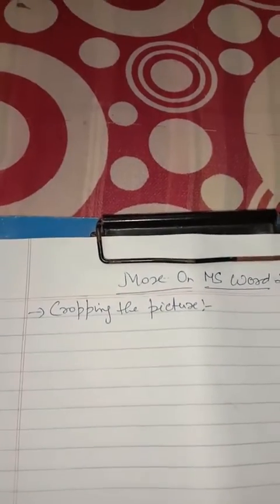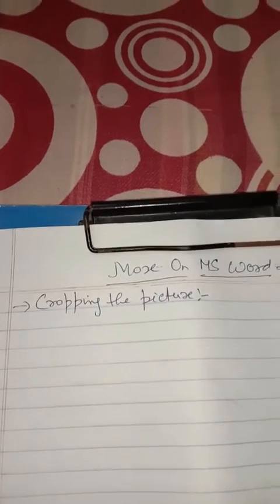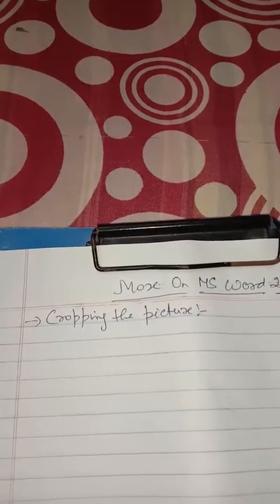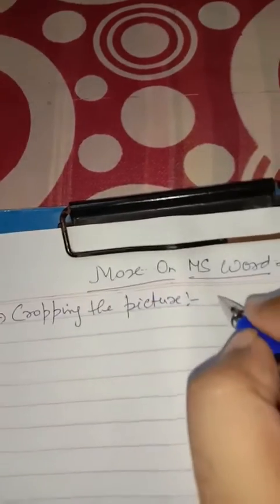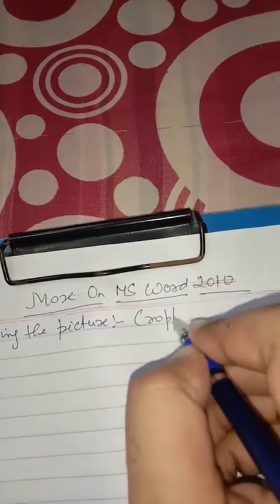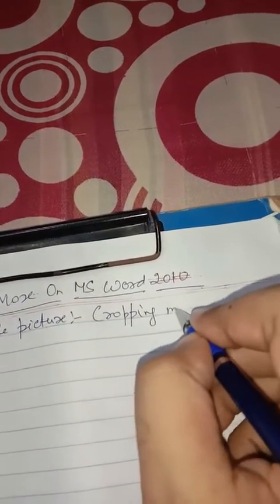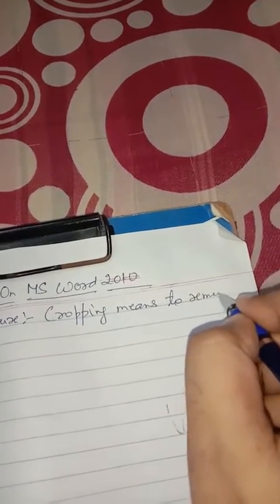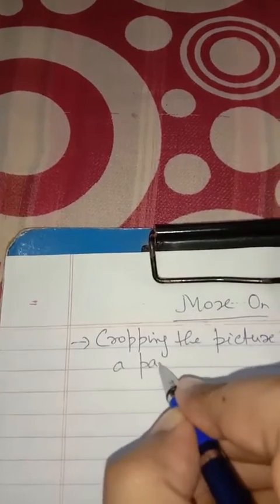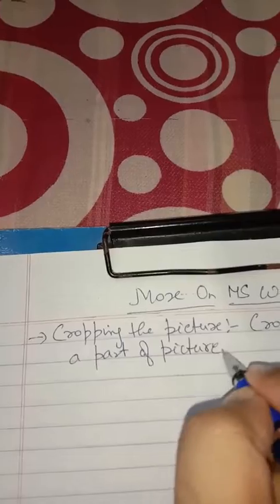Now, what does the word cropping mean? Cropping means removing the part of the picture that we do not want to see in our picture. Cropping means to remove a part of a picture that we do not want to see.